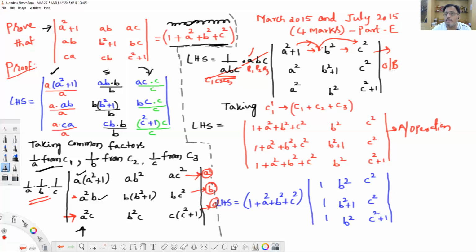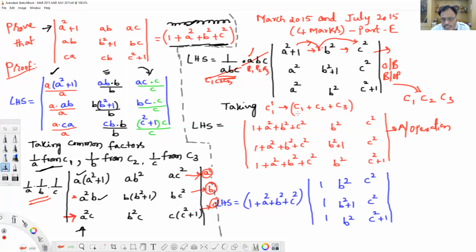For the determinant after surgery, some rows and some columns must be unchanged. The operation I have taken is C1 plus C2 plus C3, column wise. Therefore, how many columns are there in total? C1, C2, C3 before the operation.